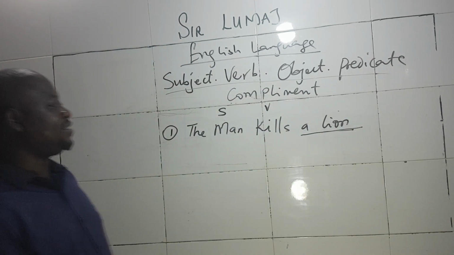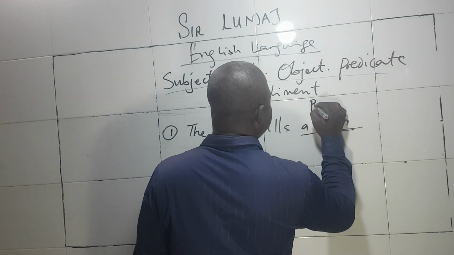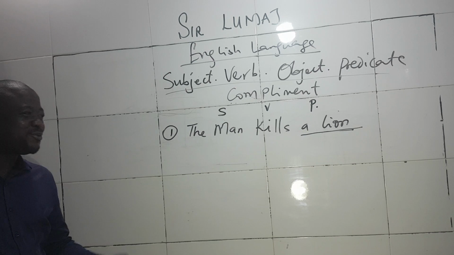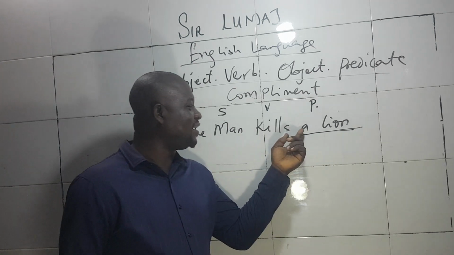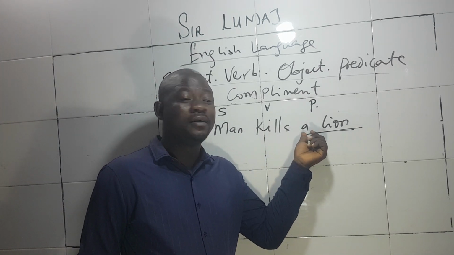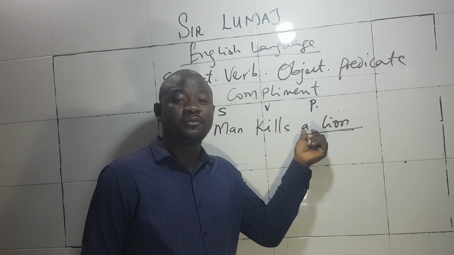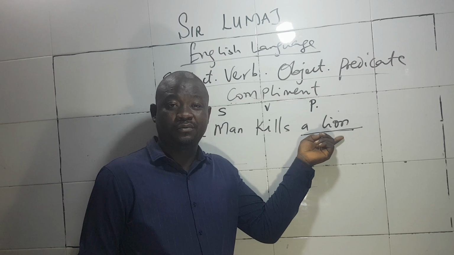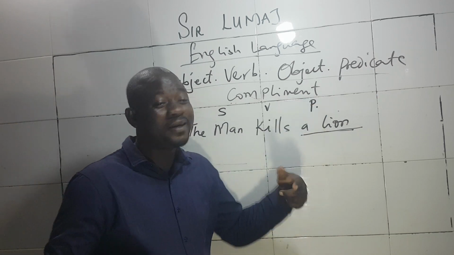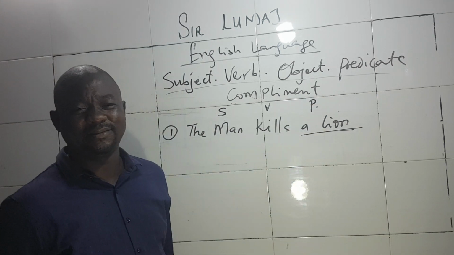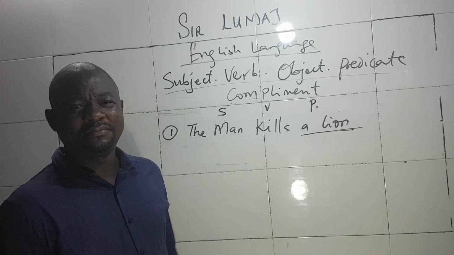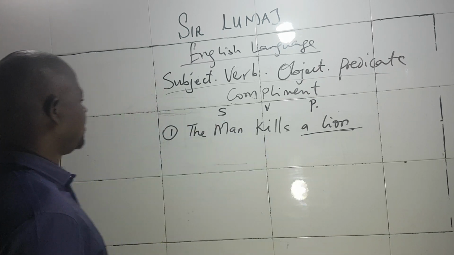It's now what? The predicate, P. So simple. What have I done? I've already added article A, an indefinite article, to your noun to form what? Your predicate. No big deal in this. So the next one is a complement.